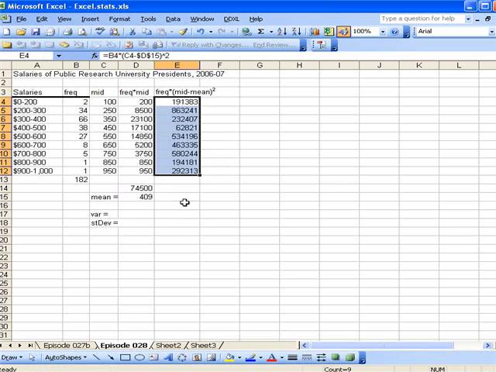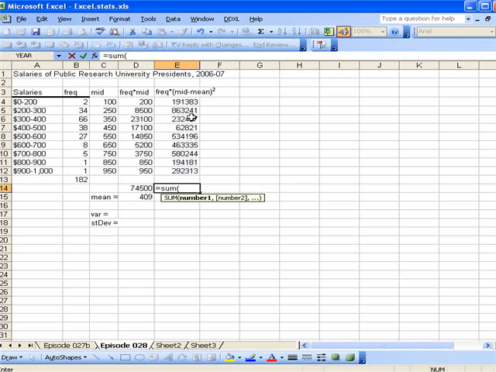Now, to calculate the average of these differences squared, we first of all need to come up with the sum. So we'll add our squares of differences there. And now the variance is just going to be this average.